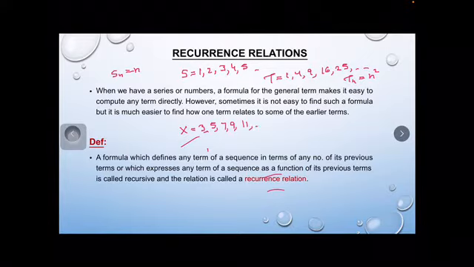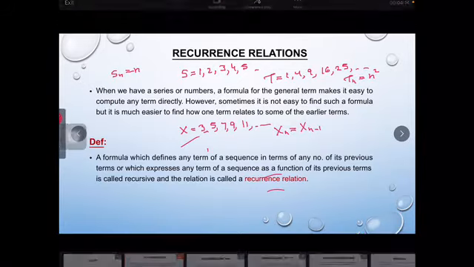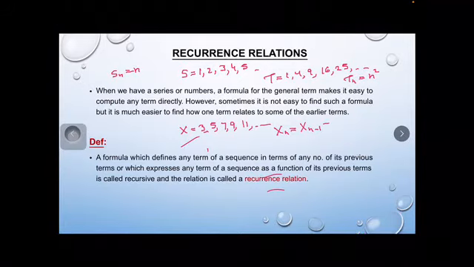What will be the nth term? We can say xn is equal to xn minus 1 plus 2. So we write the nth term xn in terms of the previous term xn minus 1.